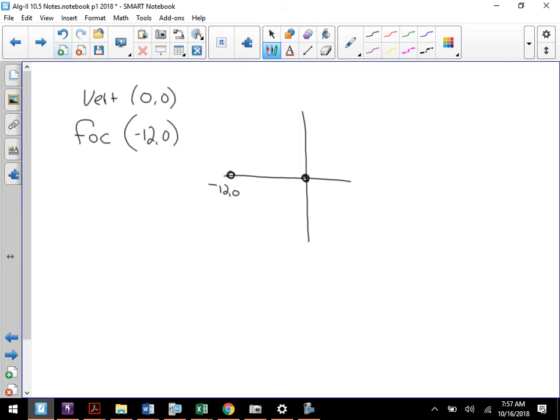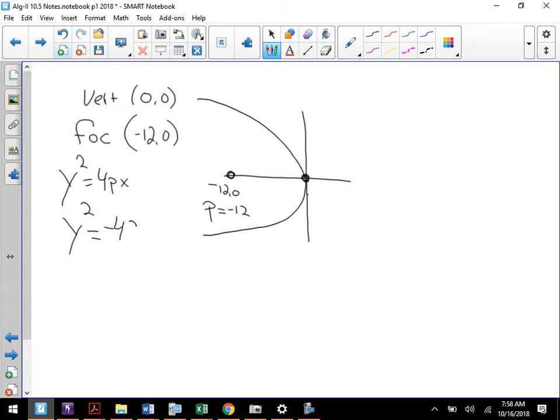Left. So is this an x squared or a y squared parabola? It's a y squared, very good. And your p-value is the distance from the center to the focus. How far is that? 12. But since it opened to the left, is this going to be positive or negative? So you get y squared equals -48x.